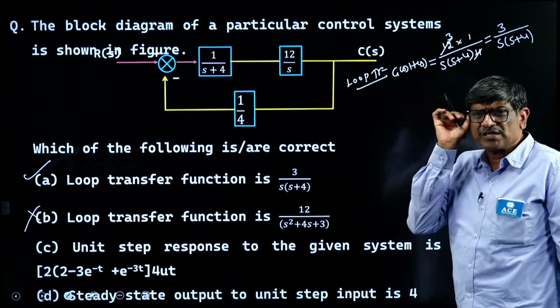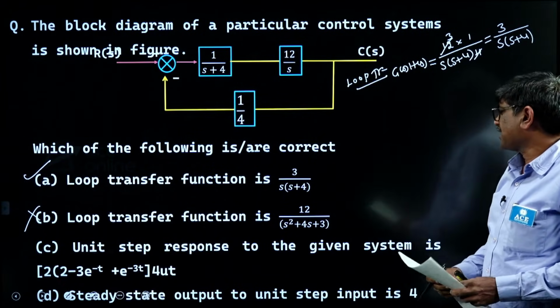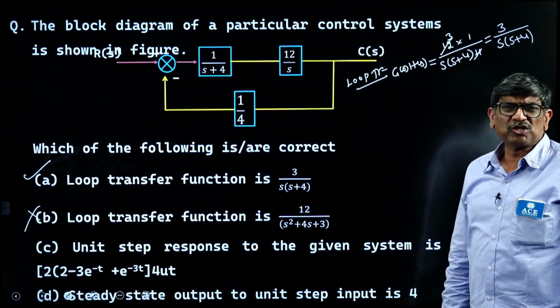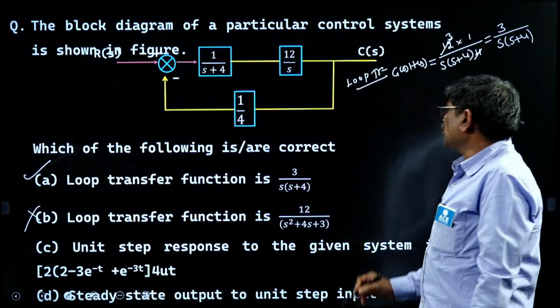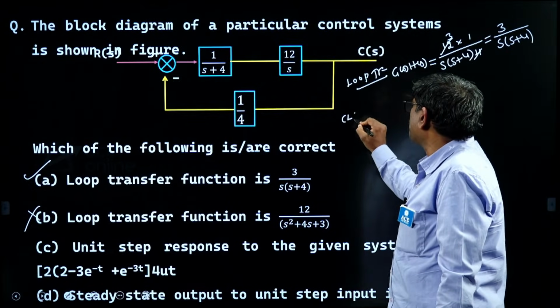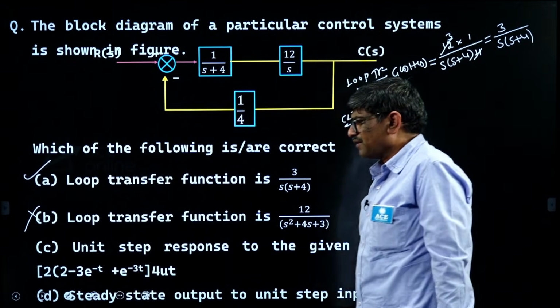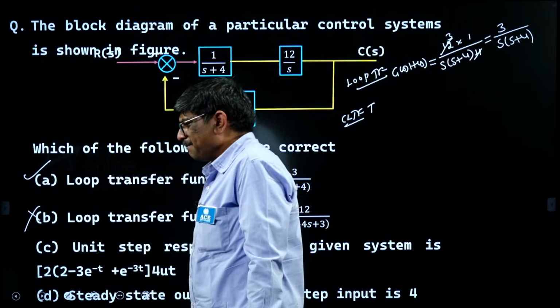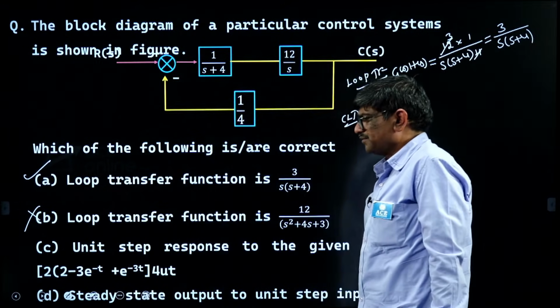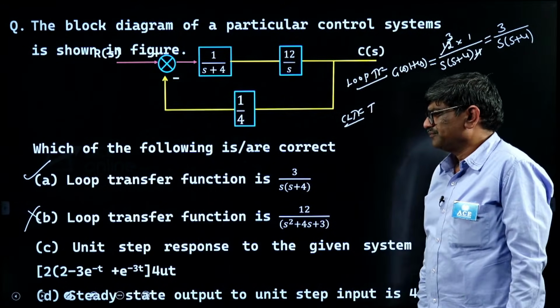Next, find the unit step response. Check whether it is correct or not. For the unit step response, you need to find the closed loop transfer function. Come and do it, all of you.